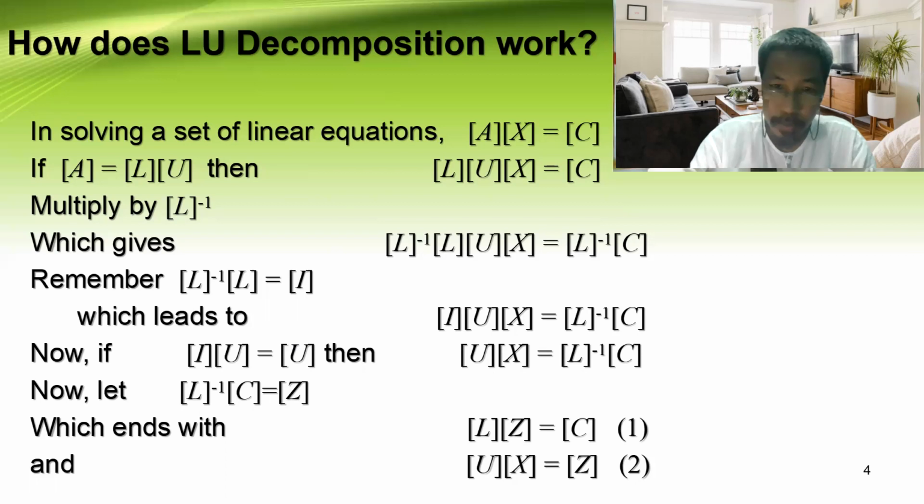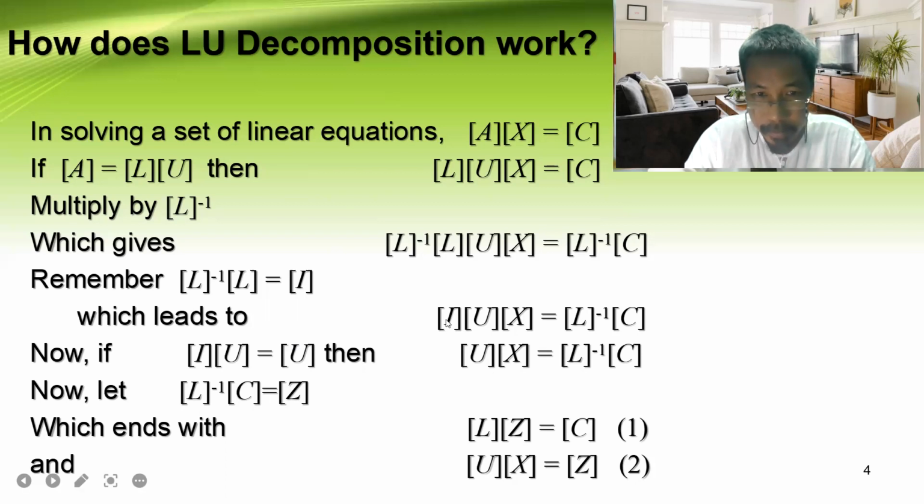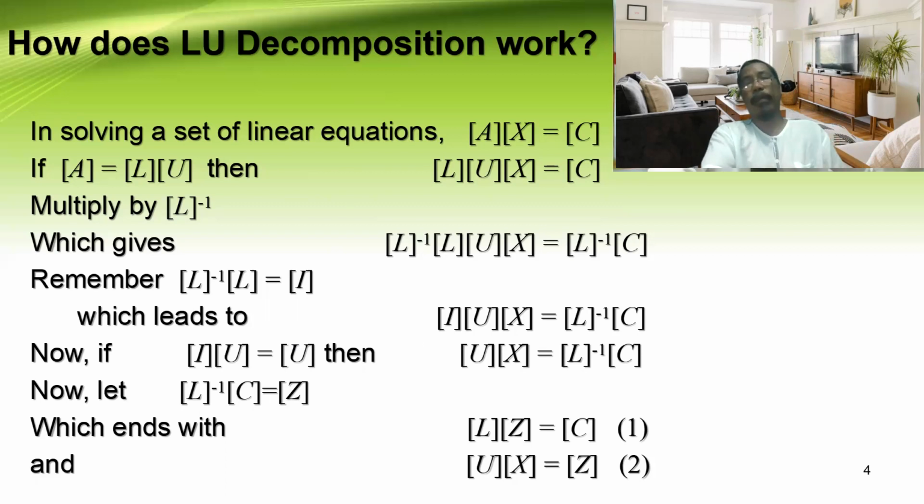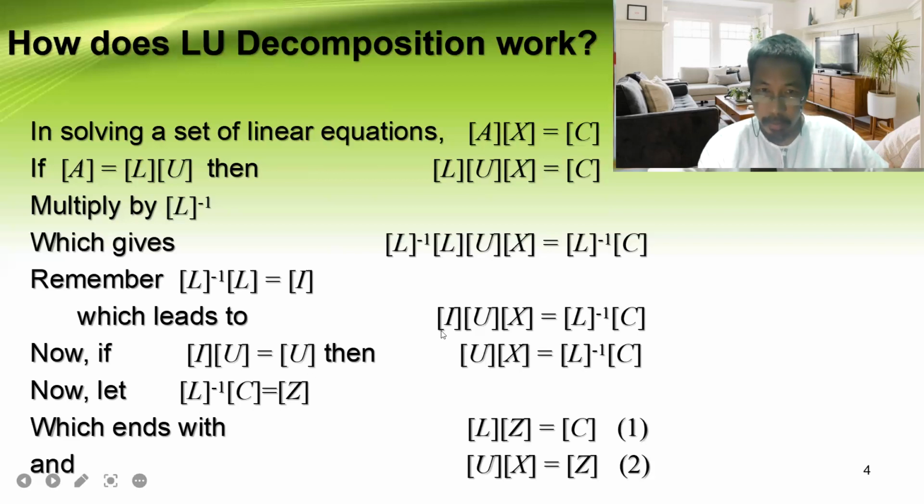So if you multiply this one by this one, it will just be equal to this one, just like multiplying 1 times a variable, the answer is the variable. Because of this, we simplify the equation to be like this.